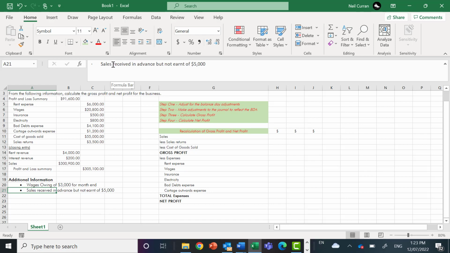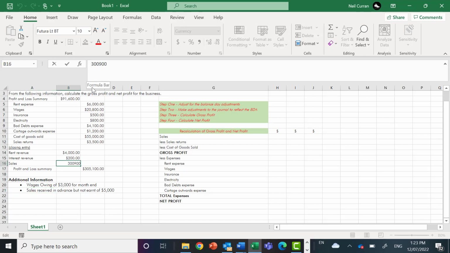And as we know, the journal for an unearned revenue is to debit sales and credit unearned revenue, because unearned revenue will be a liability. So in a sense, we are now taking off $500 from this $300,900. Okay, so now we've actually calculated and taken into account these 2 journals.